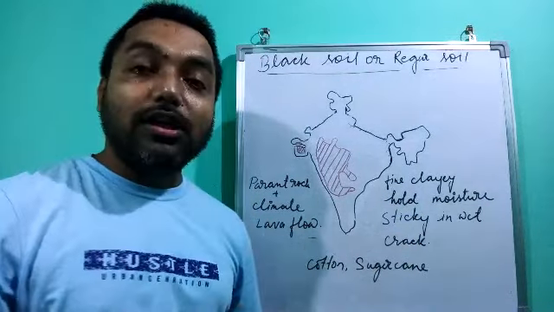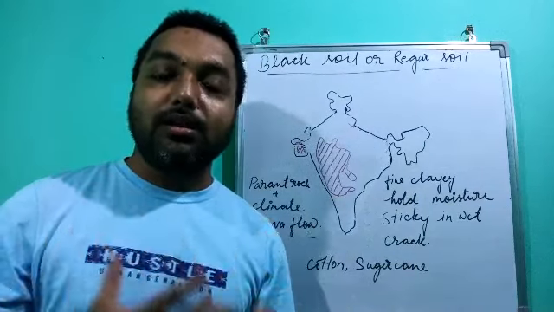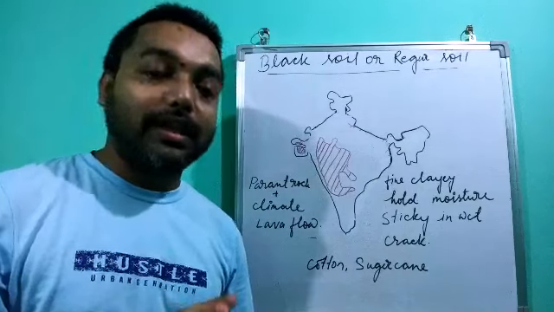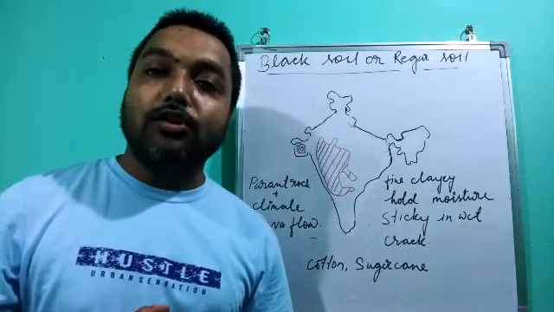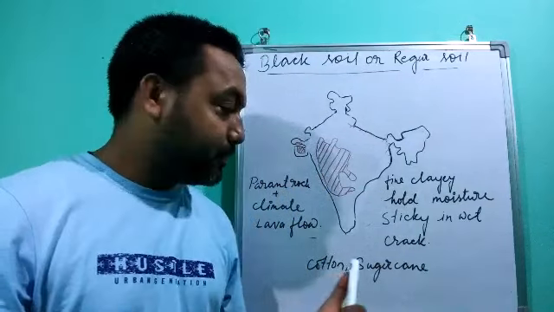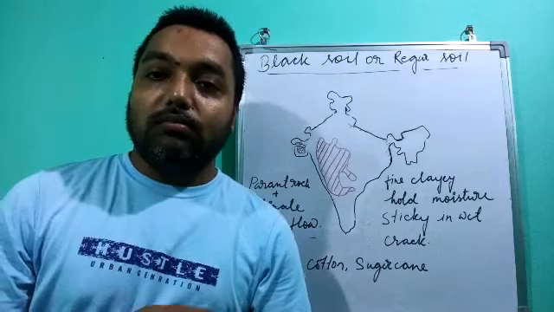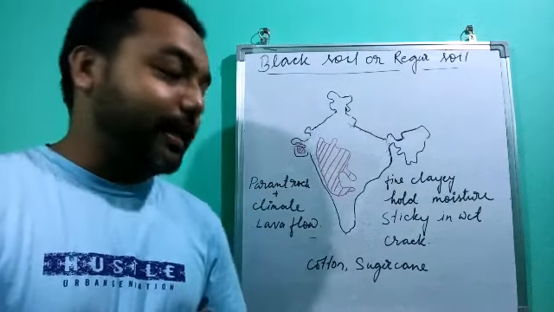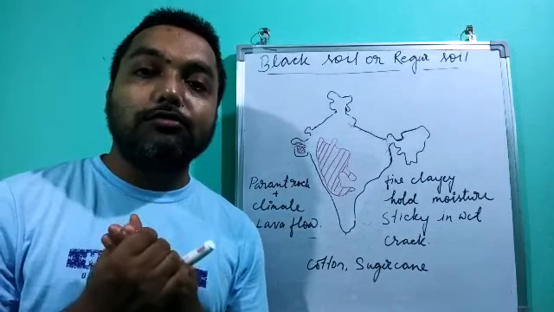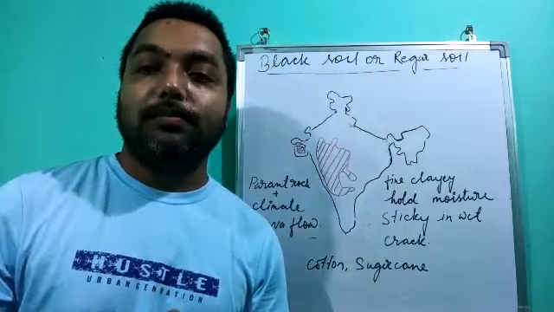This type of soil is used for cultivation of cotton. Cotton is a very famous agricultural commodity grown in black soil, which is why black soil is also known as black cotton soil. Recently it has been found that sugarcane can also be grown in black soil, and the growth of sugarcane is also very good.